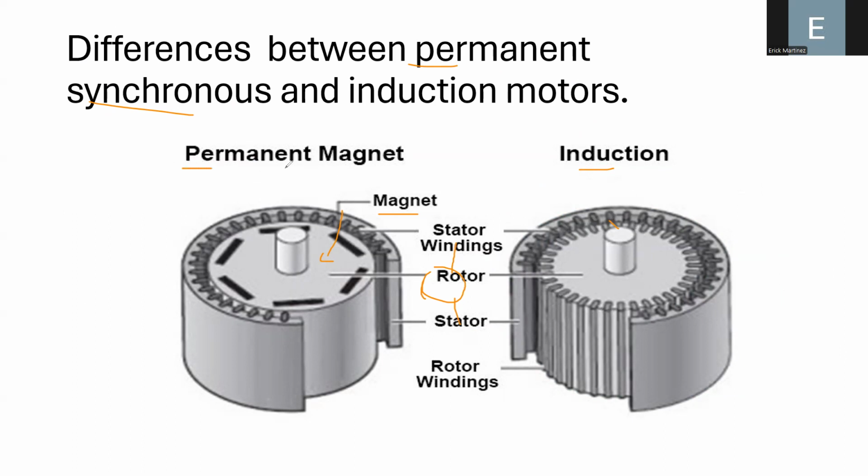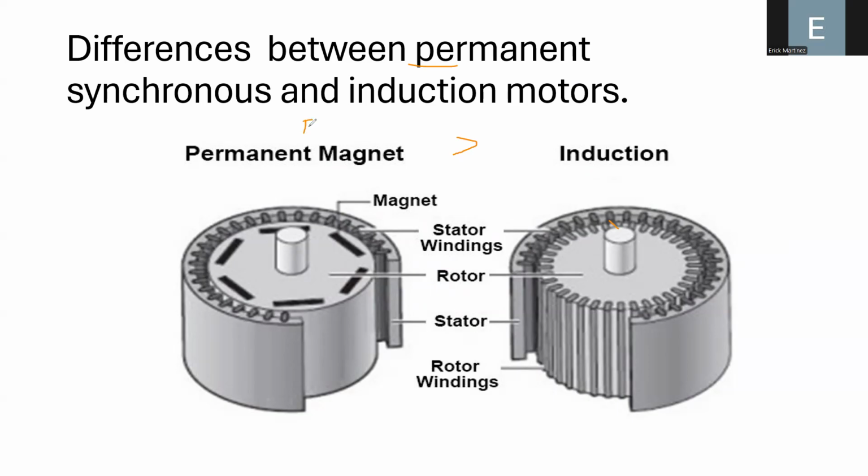Also, the use of a permanent magnet in the rotor helps us have a synchronous speed between the rotating magnetic field and the rotor. That is another factor to consider. In fact, permanent magnet synchronous motors tend to be more efficient compared to induction motors.